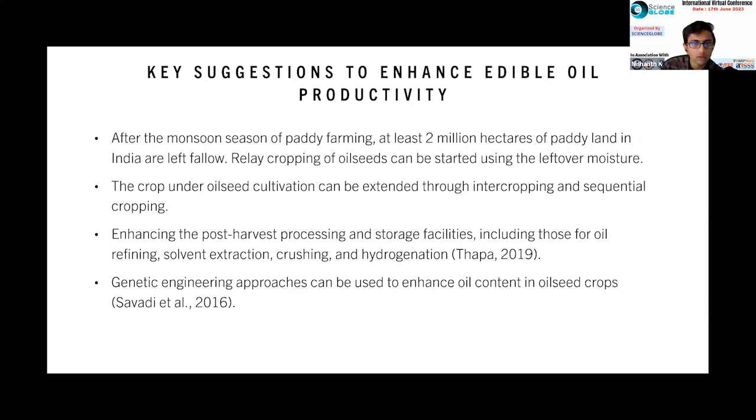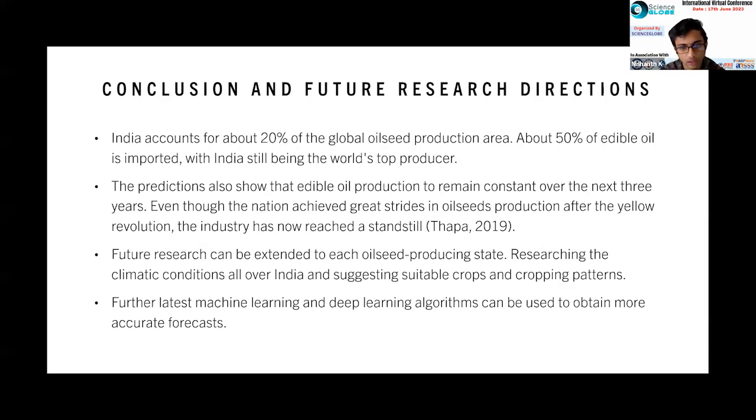And next, I would like to provide a conclusion for the research. India accounts for about 20% of the global oilseed production area, but still India imports 50% of edible oil. India is the largest importer and also a large producer, and the predictions show that edible oil production will remain constant over the next years, which is also justified by Thapa in his statement.